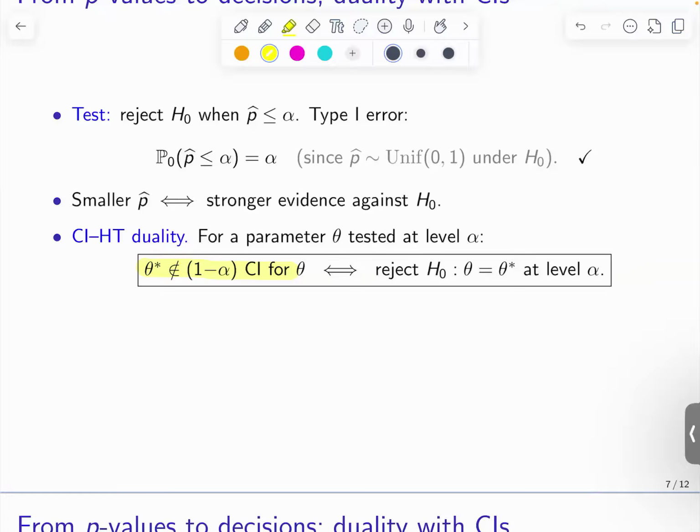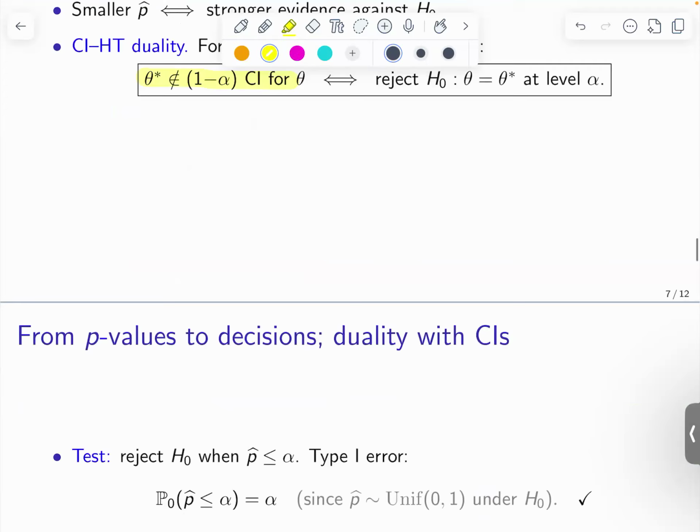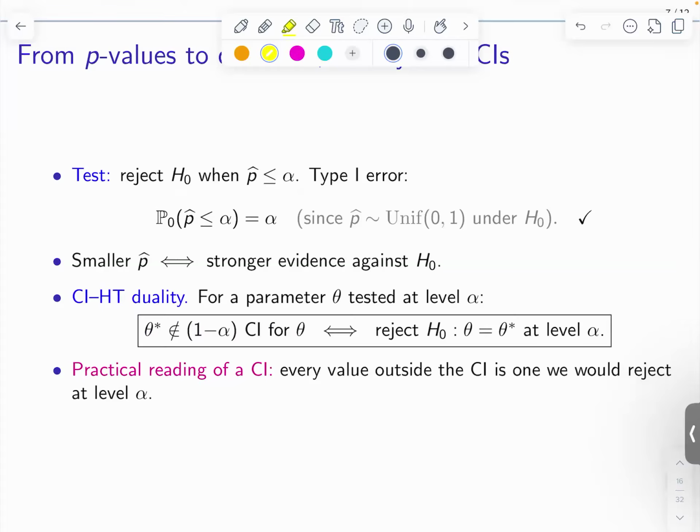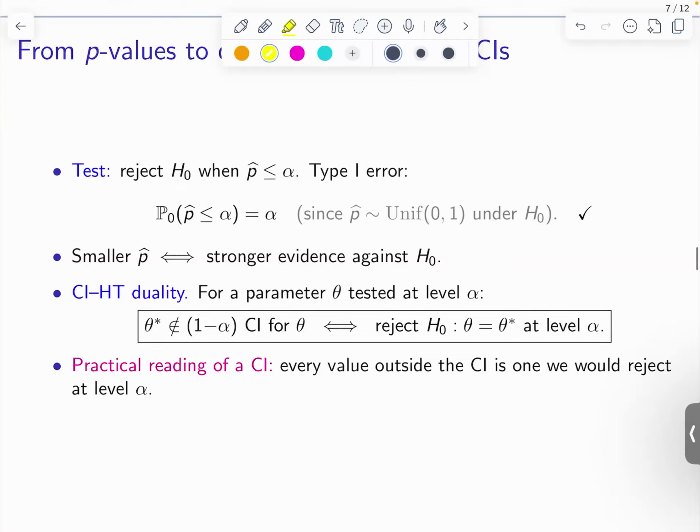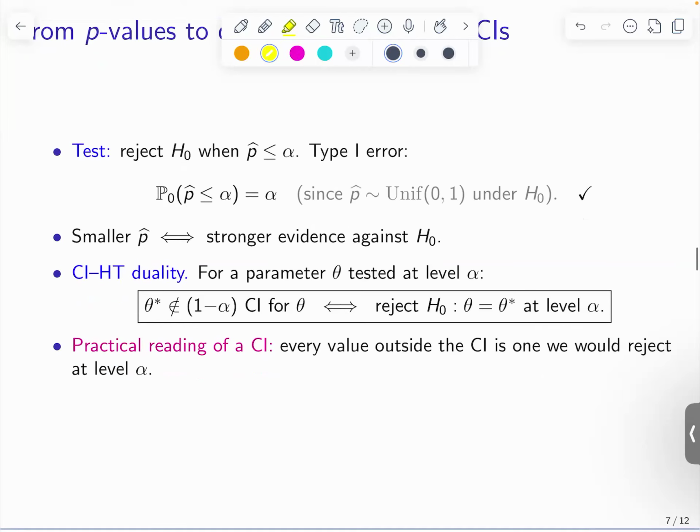So I would reject the null if theta star is outside that interval. That gives me a decision rule, or a test, that has level alpha for testing H0. So this duality allows me to pass from a confidence interval to a hypothesis test and actually vice versa. But the other direction, you have to think a little bit more.